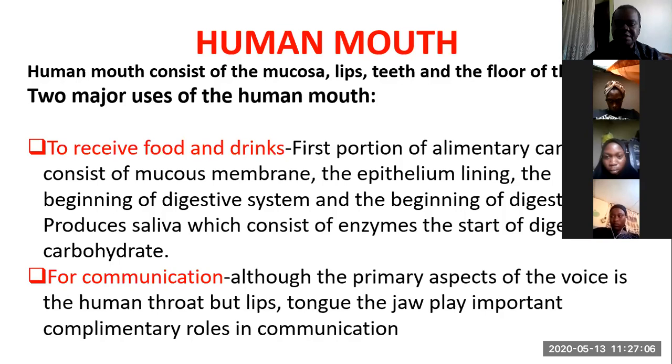So the lips and the teeth play an important role in phonetics, in our communication. Very important that we take note of that. So the human mouth is to receive food and for communication, and consists of lips, mucosa, teeth, and the floor of the mouth.